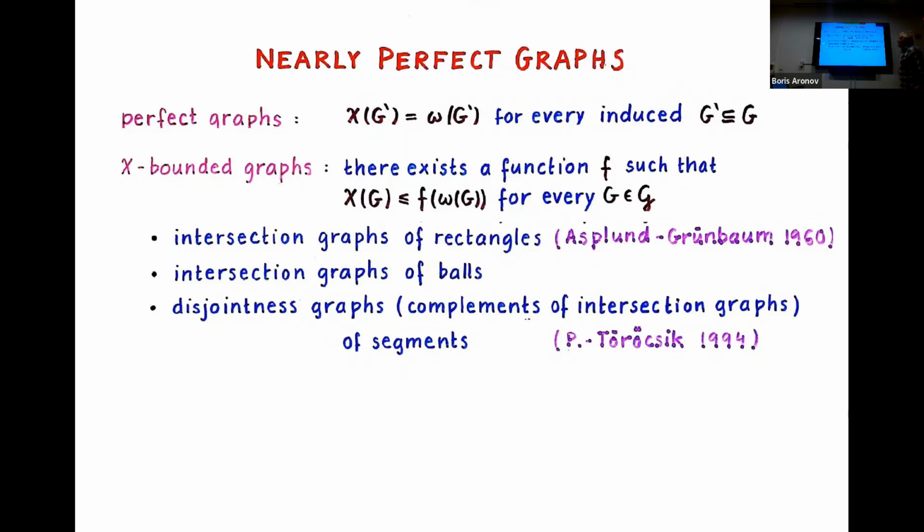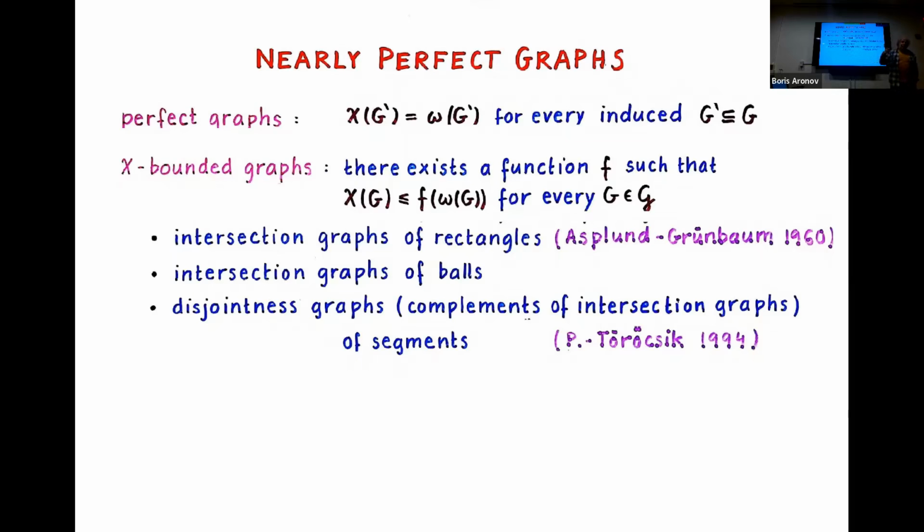And interestingly, those examples that were found for chi-bounded nearly perfect classes of graphs were geometrically defined, most of them. The first example is the one that I showed you, the intersection graph of axis parallel rectangles.